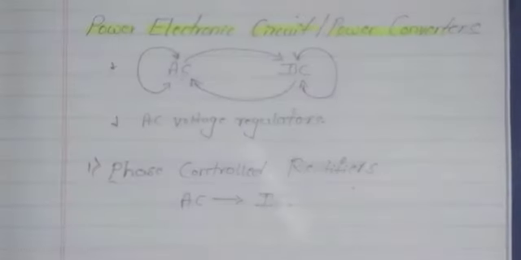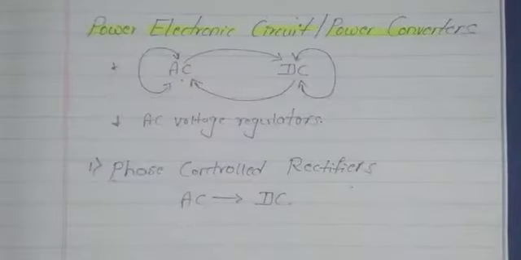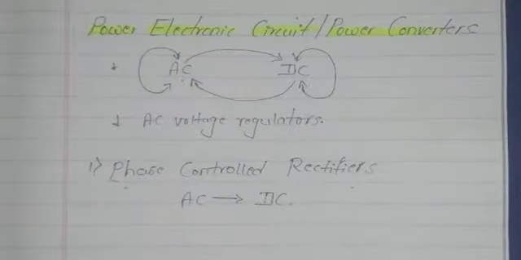It converts AC supply to the DC supply. Here you can see the ratings: input is 100 to 240 volt AC, output is 5 volt DC. So this is a phase controlled rectifier.